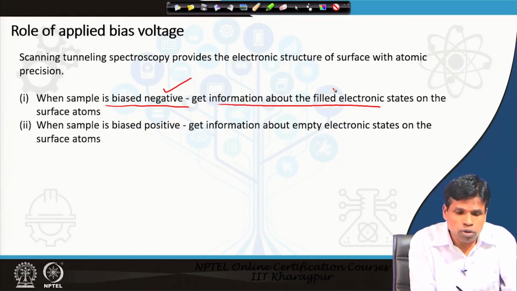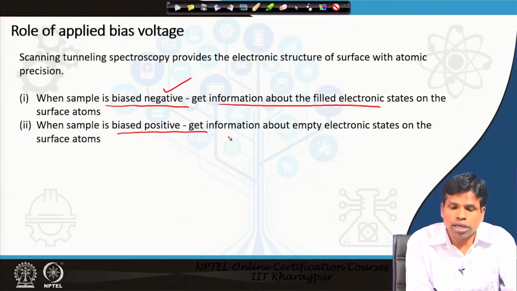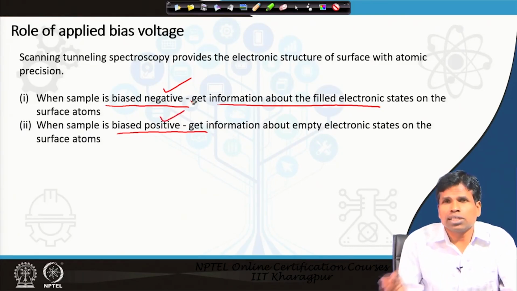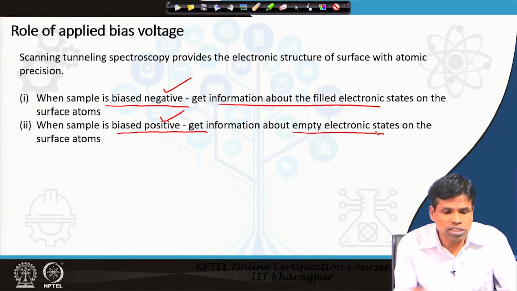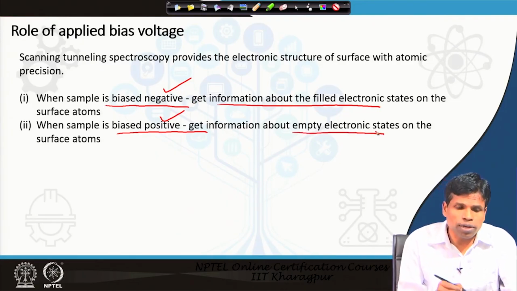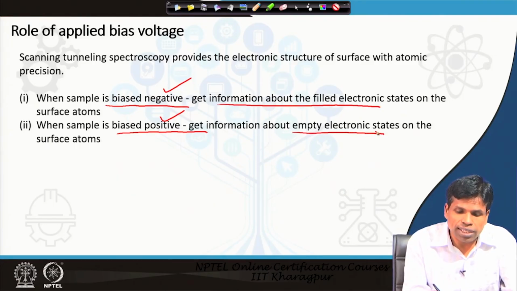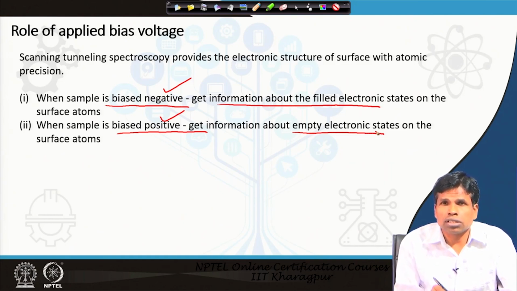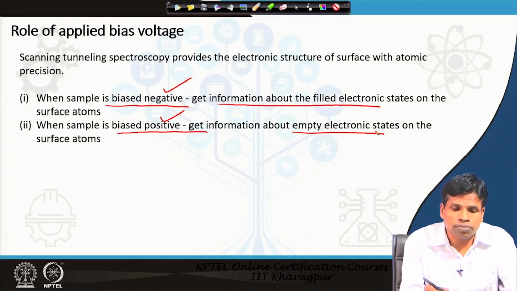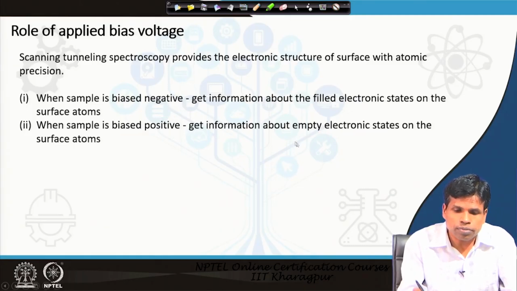On the other hand, when the sample is biased positive and tip is grounded, electrons will tunnel from the tip to the unoccupied states or empty electronic states on the surface atom. So, in this way we can get the information about the occupied states or unoccupied states of the sample by providing either positive or negative bias to the sample.